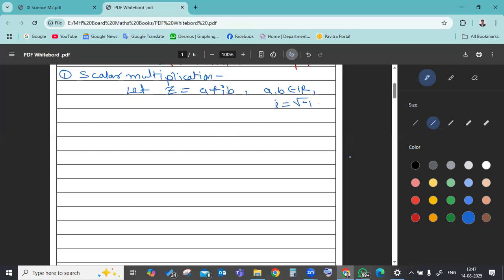So this is our Z, and let K be any real number. This K, we will call it a constant. Right? Is there any doubt? No. Okay.